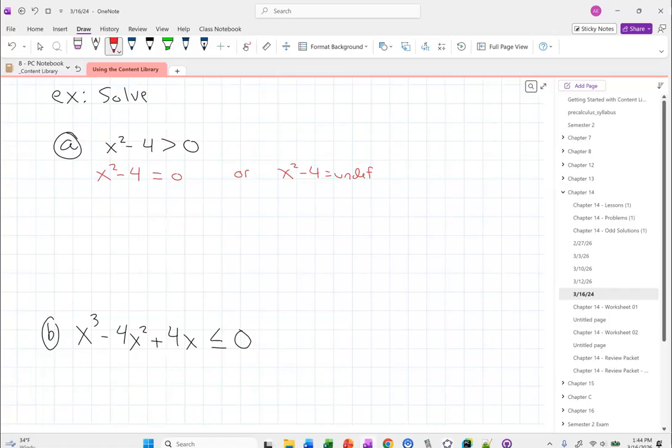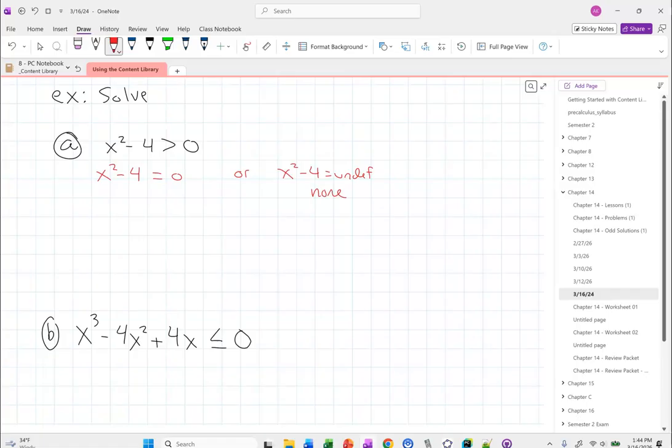What can we say about the domain of all polynomials? The domain of any polynomial is all real numbers. So is there any place where that polynomial is going to be undefined? No. We handle that spot right away just by recognizing that we have a polynomial there.